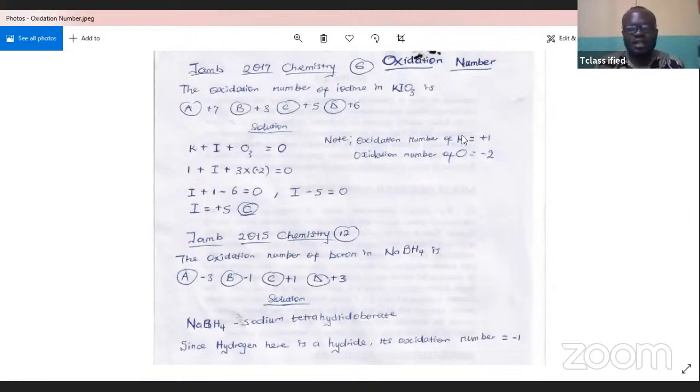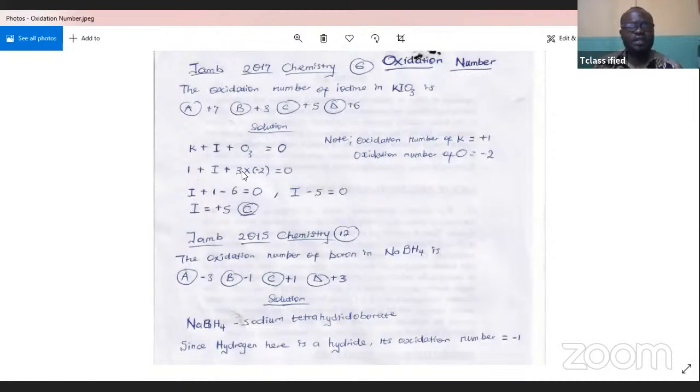So what's the valency of potassium? It is +1. And what is the valency of oxygen? It is -2. So you have to substitute the values here. For K, you have 1, whereas for O, you have -2. How many oxygen atoms are we having? 3 of them.